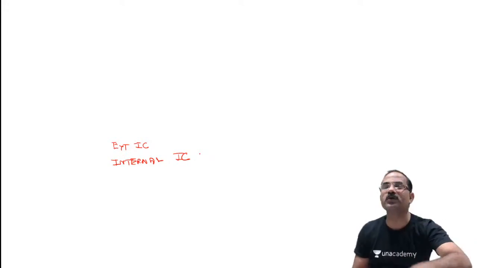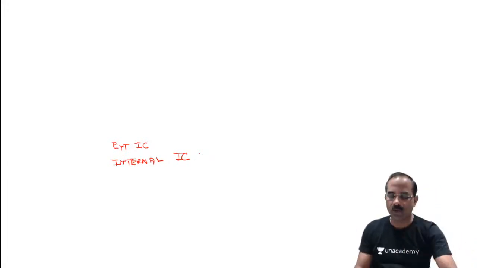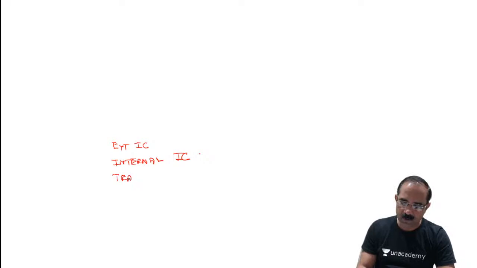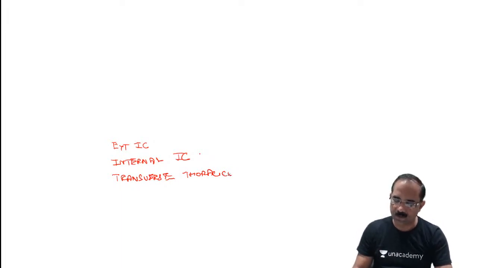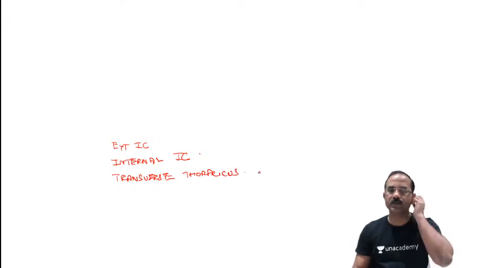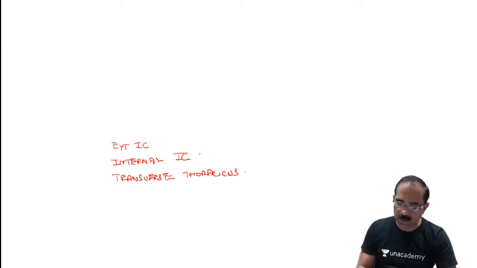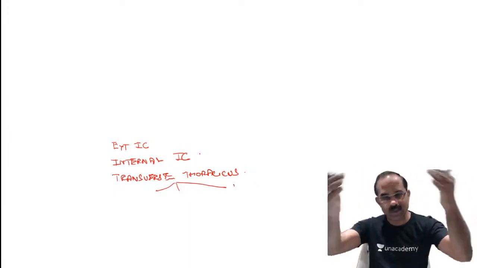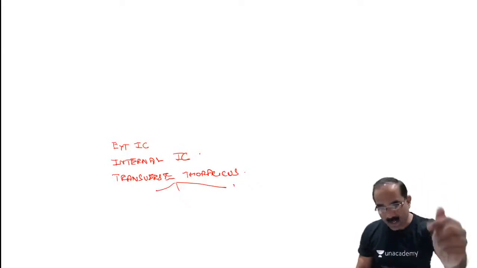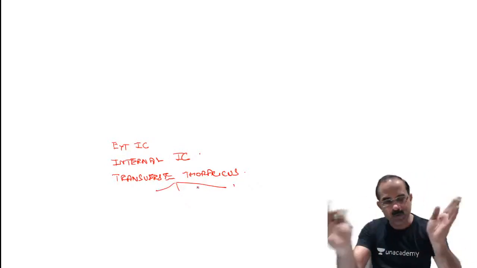But this innermost intercostal actually belongs to a muscle known as the transversus thoracis. This transversus thoracis is made up of three parts. Normally when we talk about external and internal, the third one is actually the transversus thoracis, which is broken down into three parts.